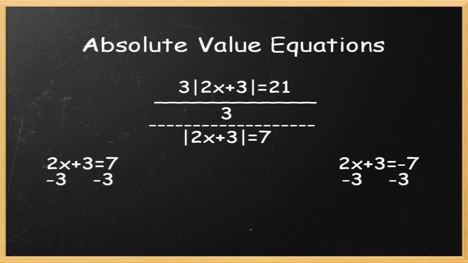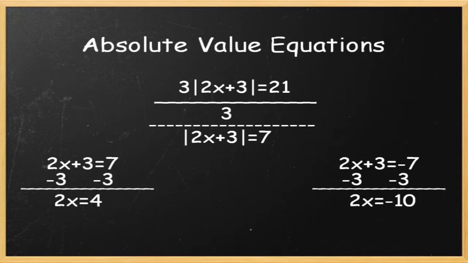So you subtract 3 because 3 is being added to 2x on both equations. Now you get 2 different answers. 2x equals 4, then 2x equals negative 10. Don't worry, because this is normal, because you get a completely different answer when it's negative and positive.